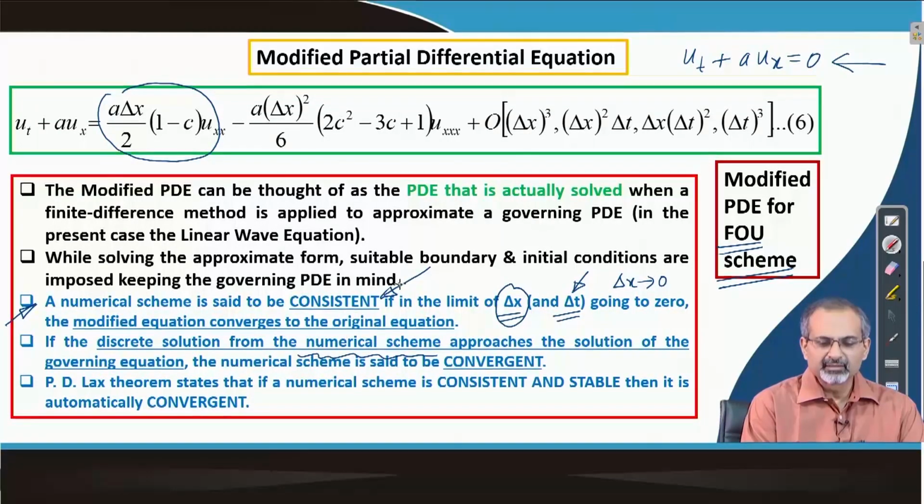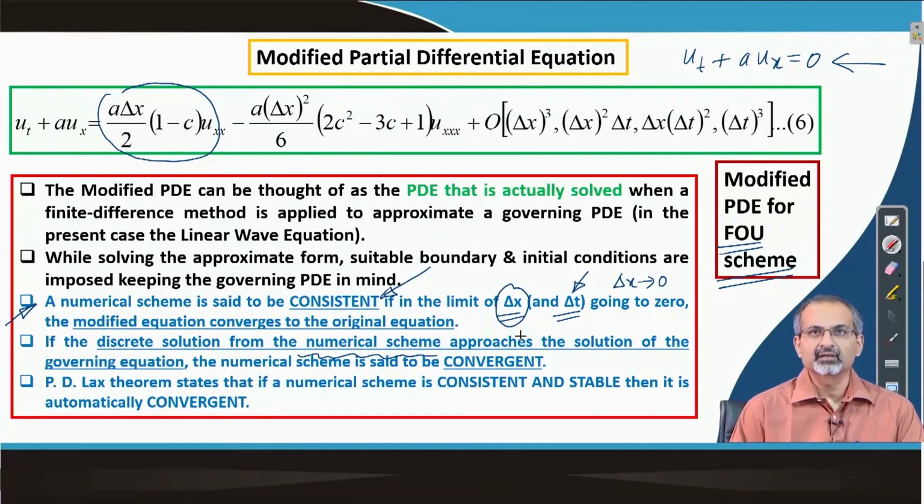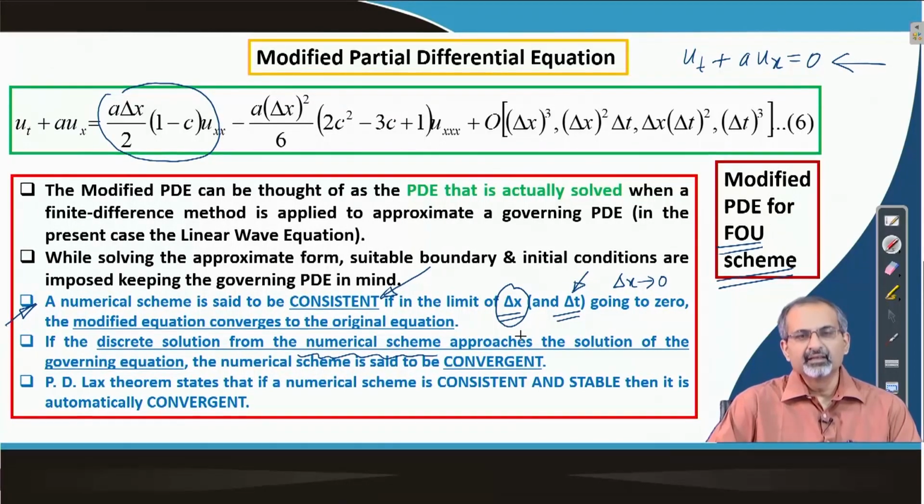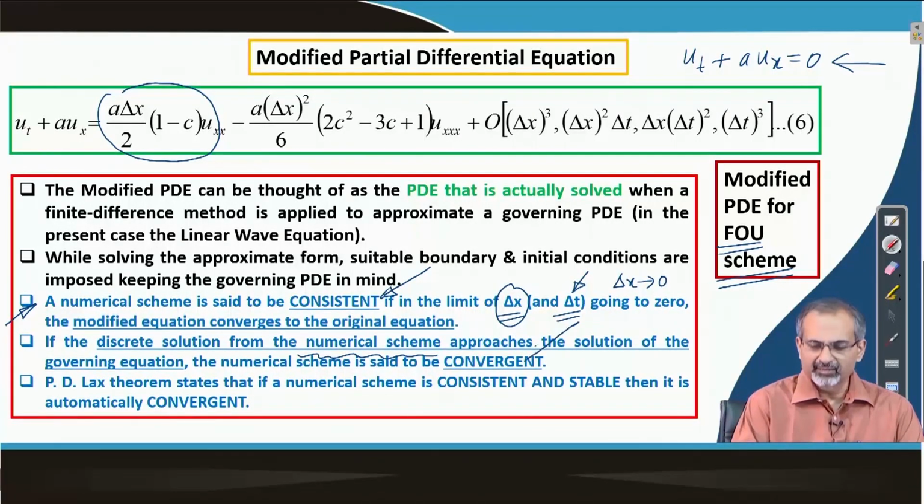The consistent property was with respect to the modified partial differential equation limiting to the original partial differential equation, while the convergent property is linked with the solution itself of the discrete form coming from the numerical solution, and whether that discrete solution is approaching the solution of the original exact partial differential equation. If that is satisfied, we have a convergent numerical scheme.